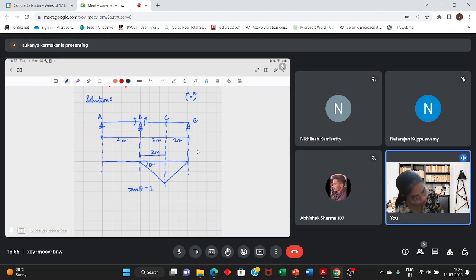Like we had done previously, this is 2 meters. Even this height will be 2 meters.